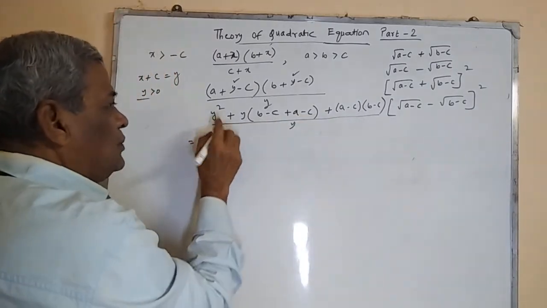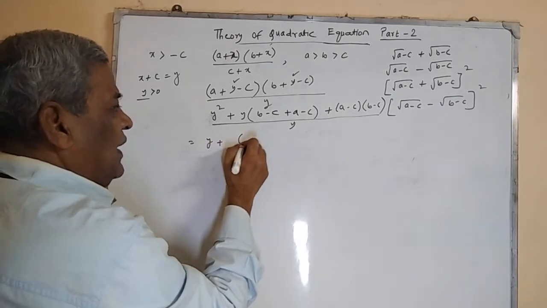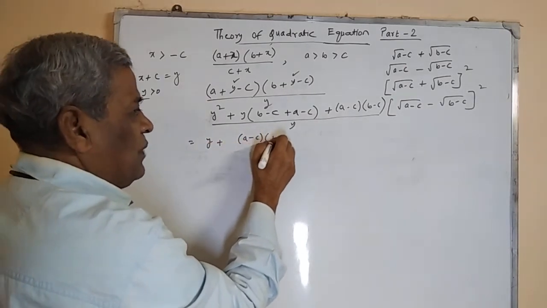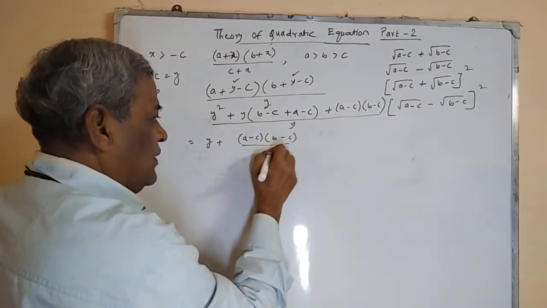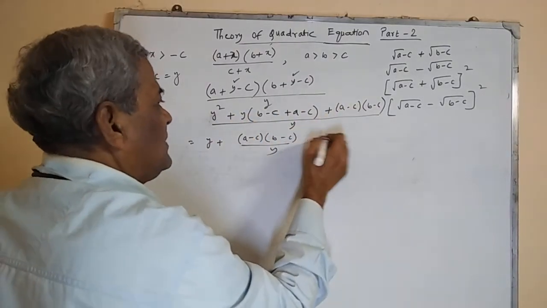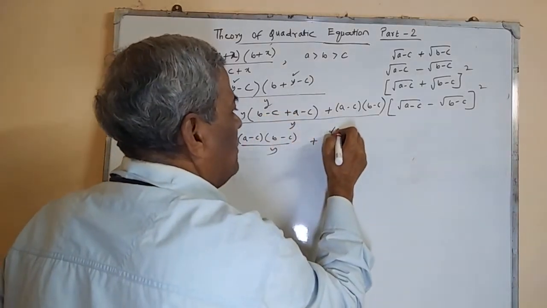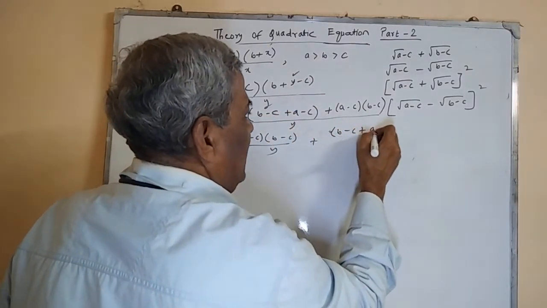So it is equal to y plus (a minus c) into (b minus c) by y, plus this by that, which is actually (b minus c) plus (a minus c).